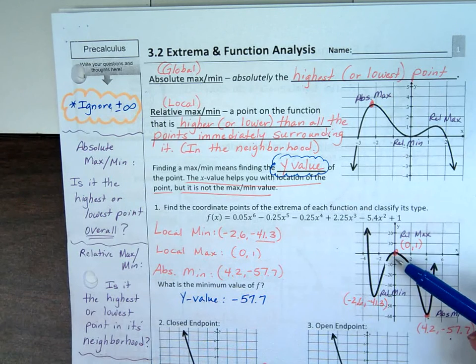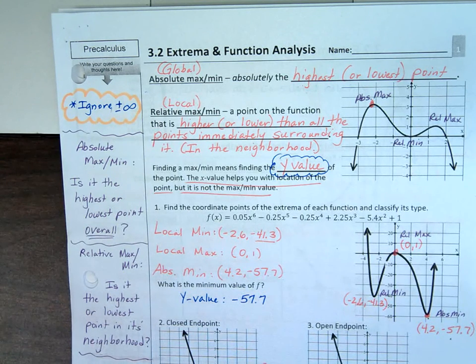So there is no absolute maximum in this case because there are points that are higher than this guy. So I do have high points that go up to positive infinity. You can't tell me what infinity is. You can't define it. So therefore you can't have a maximum point because it keeps changing, infinity keeps getting bigger and bigger and bigger. So there's no absolute maximum.